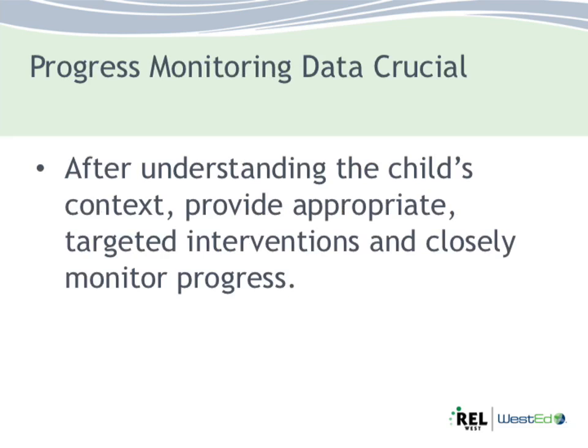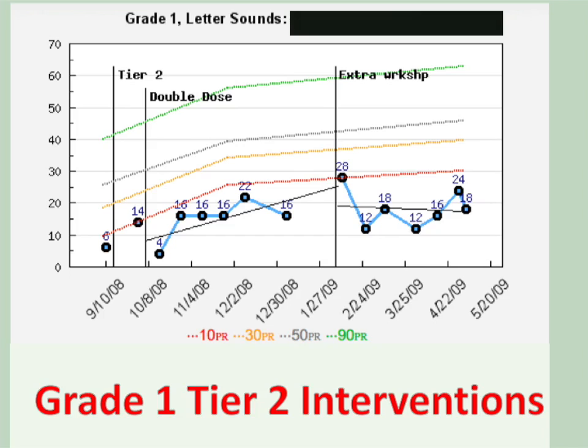So we also want to know about progress monitoring. It's crucial to understand where a child's at, what they're struggling in, and to provide interventions and monitor their response to those interventions. So I have some data to share. So here's in first grade, in English, Sergio received interventions that were considered Tier 2 interventions.